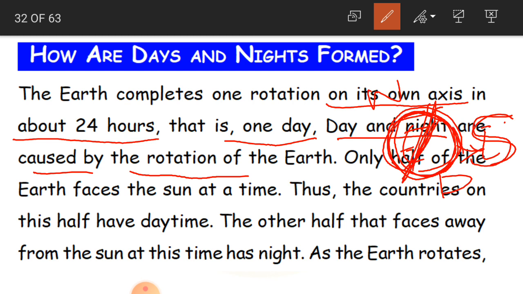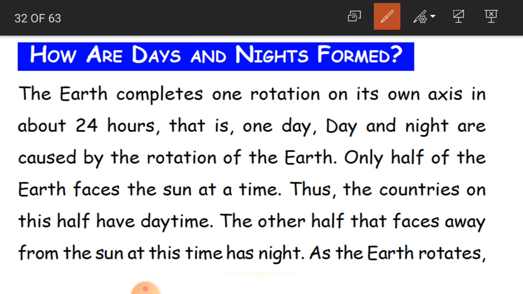When this earth is rotating, this night part is going to come to this side, and here it will be day again. So it is nothing but by the rotation of the earth that day and night are caused.